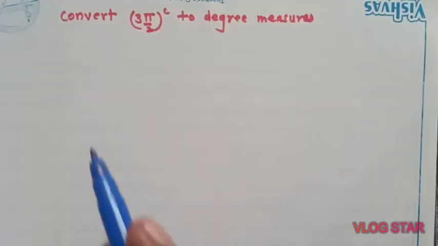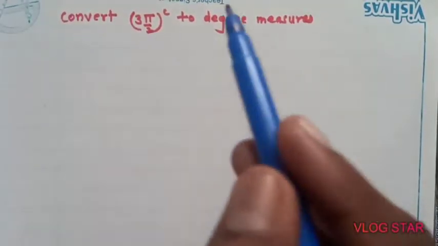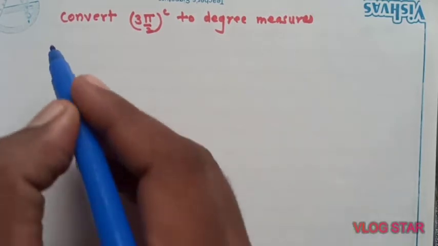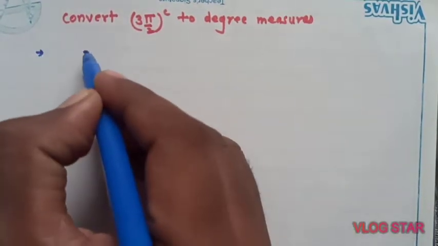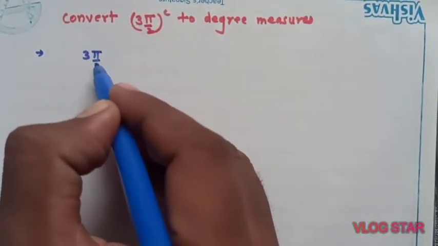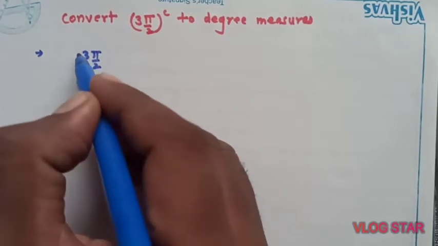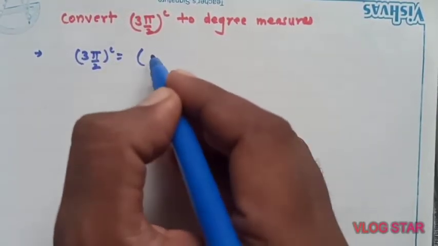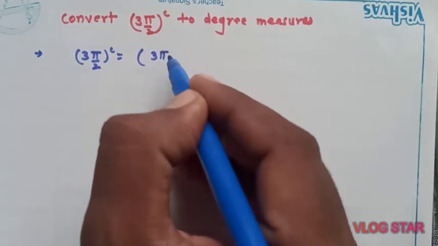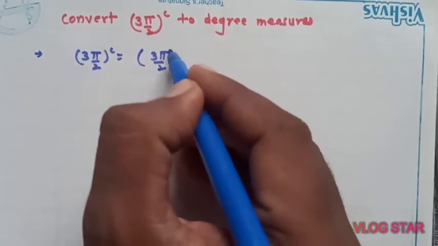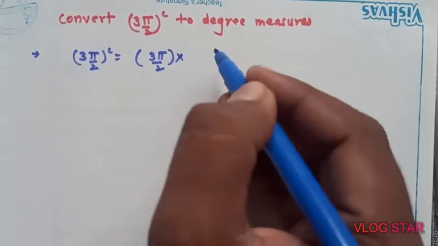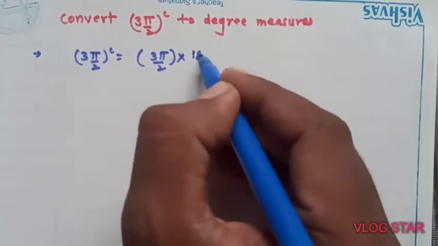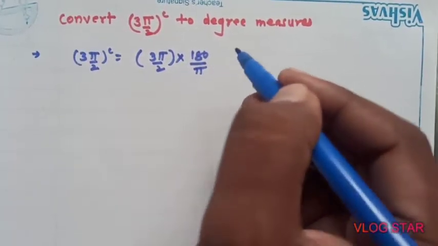Look at one more example where we are supposed to convert the radian measure to degree measure. Again we have 3 pi by 2. It is in radian. What is the multiplicative factor for conversion? The conversion factor is 180 upon pi.